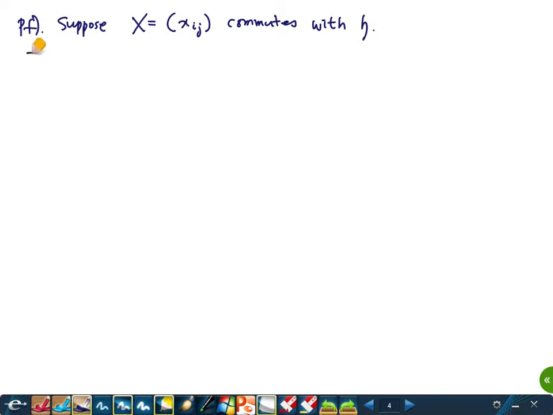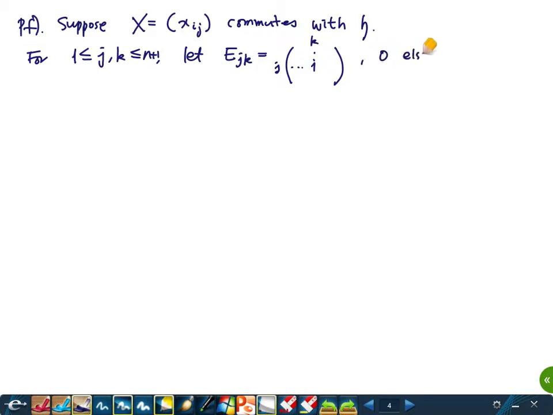So to do that, let's define these elementary matrices for j, k up to n plus 1. E_jk is a zero matrix with only one non-zero element, a one in this coordinate jk, and then zeros elsewhere.